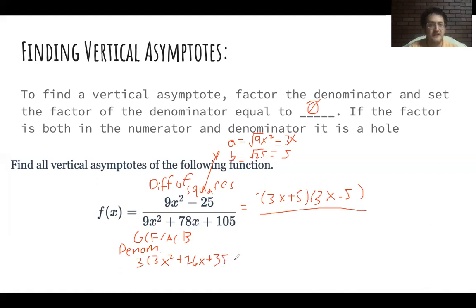So I'll need to do my ACB chart. 9 times 35 is 315, and I need numbers that add up to 26 and multiply to 315. Obviously 1 and 315 doesn't work.